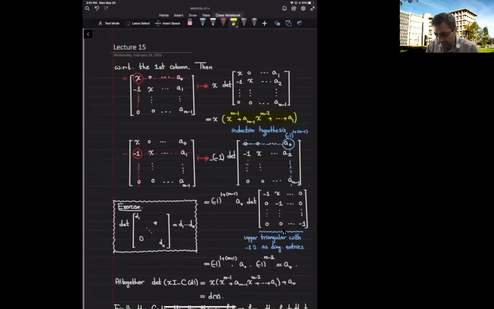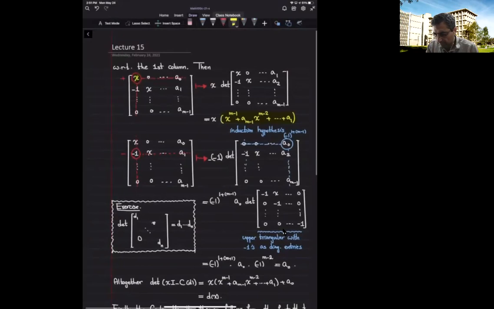Then I get x over here, times negative 1 to some appropriate power, and the determinant of the rest. In general, when we exclude the ij entry, we take the ij entry, multiply it by the determinant of the rest, and then multiply it by negative 1 to the power i plus j. In the 1,1 entry, negative 1 to the power 1 plus 1 is just 1. I need to multiply x by the determinant of the rest.